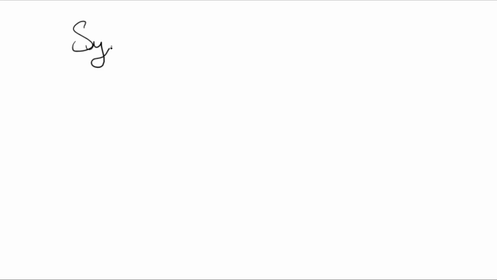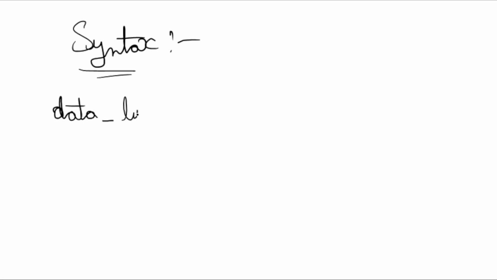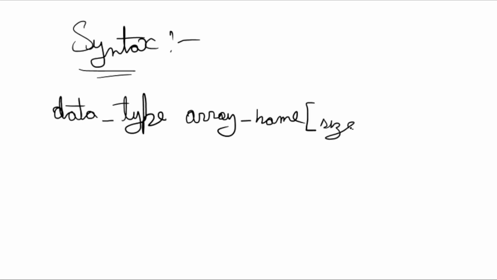So the syntax for initialization of an array will be, first of all, your data type. Second one is your array name, whatever kind of array name you want to take, and its size, which you give as 10, 5, 4, that kind of thing.